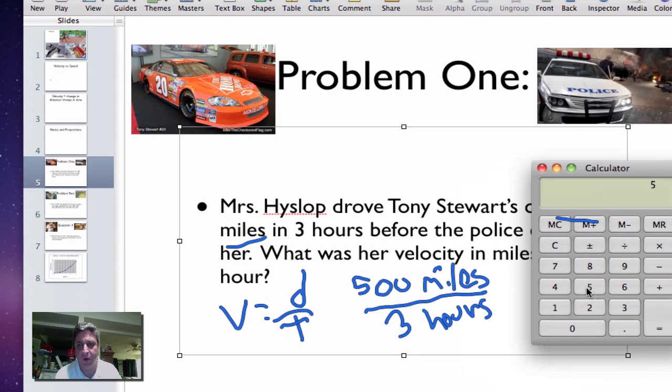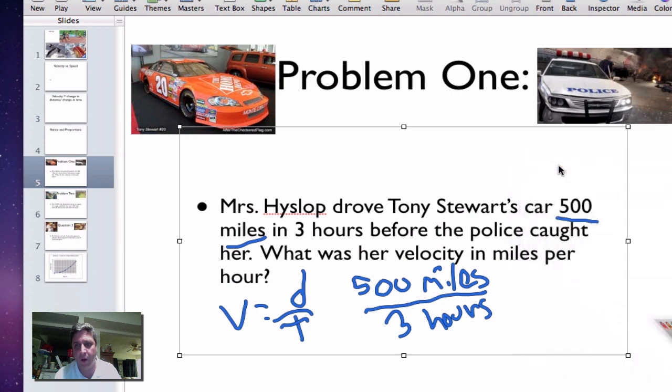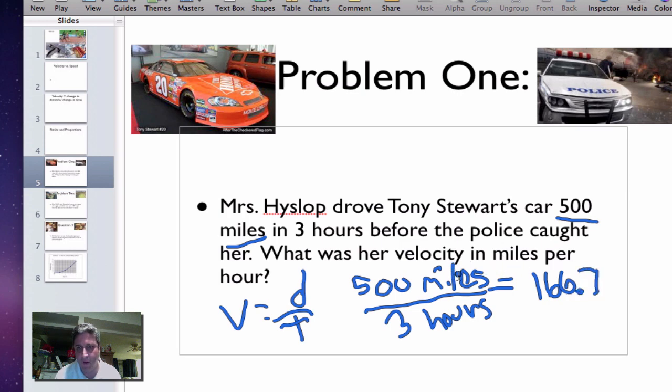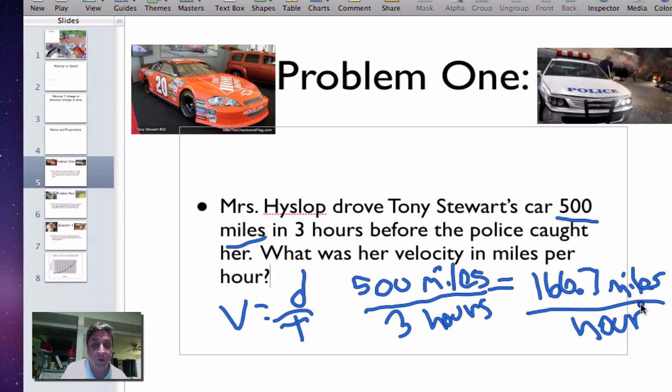If I take 500 divided by 3, I get 166.7. We'll round it. All right. So that equals 166.7 miles per hour. So that means for every hour she drove 166.7 miles. That's the ratio. Okay. Let's go to the next slide.